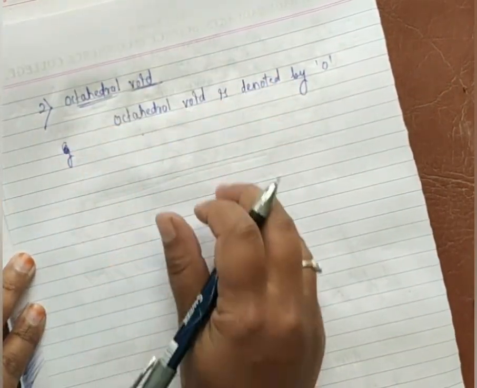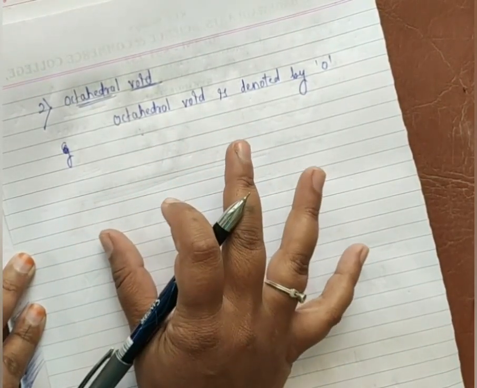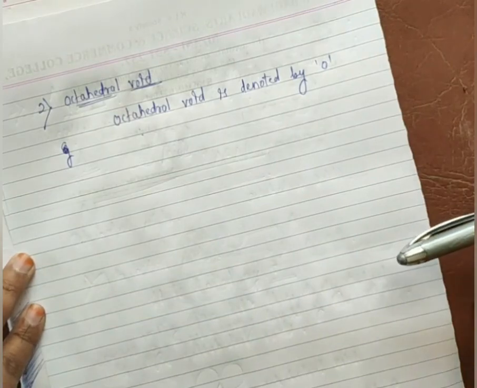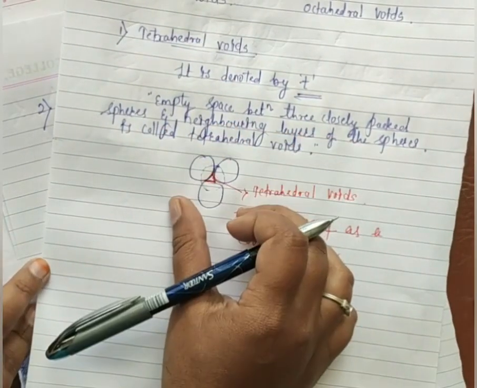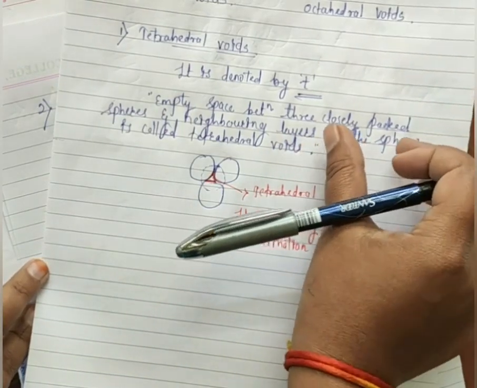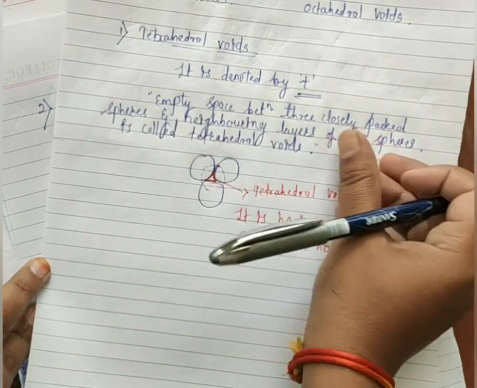Here the central atom has 6 neighboring atoms. In the case of tetrahedral voids, I told you the empty space is present between the 3 closely packed spheres and the neighboring layer.